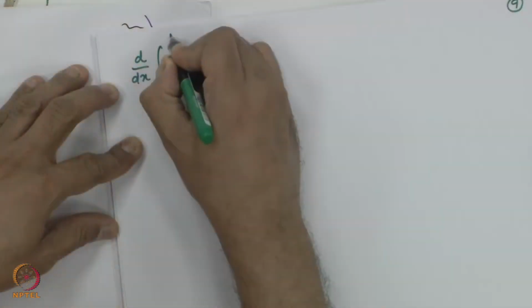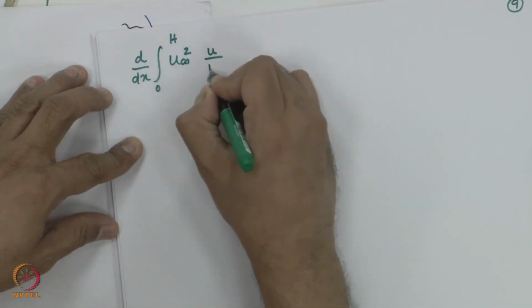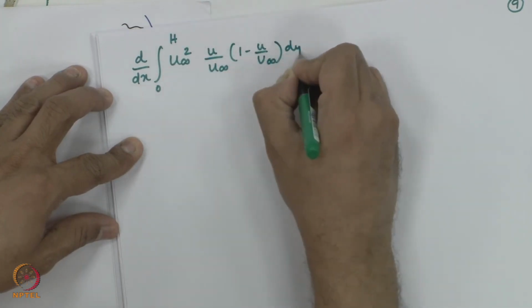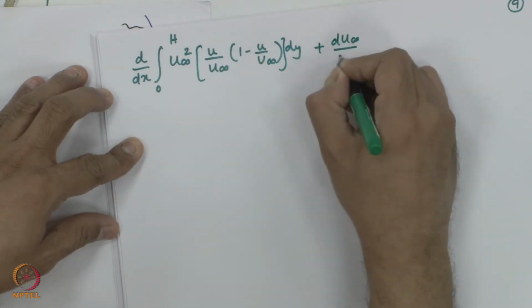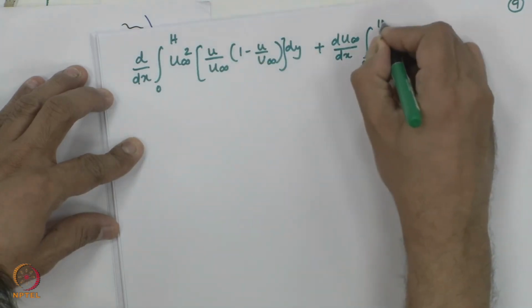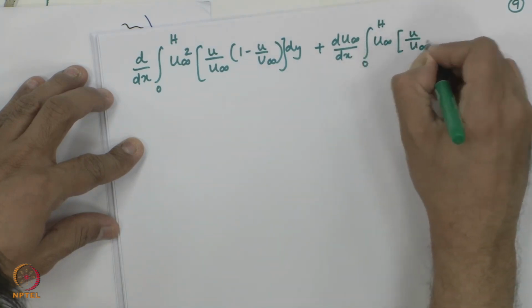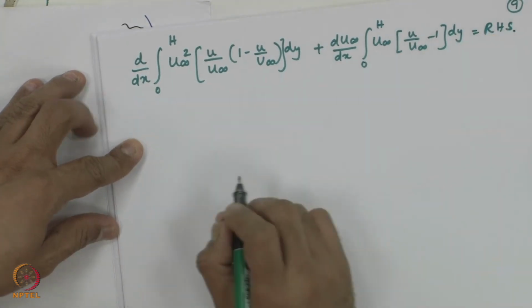When I do that, so I multiply and divide appropriately, I get d by dx integral 0 to h u infinity squared u by u infinity (1 minus u by u infinity) dy plus du infinity by dx integral 0 to h u infinity (u by u infinity minus 1) dy equal to the right hand side.